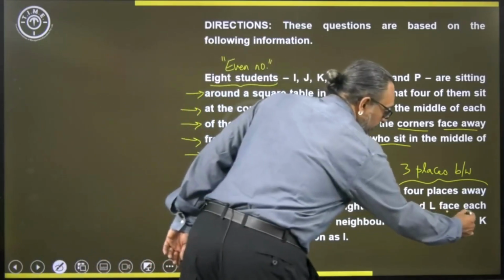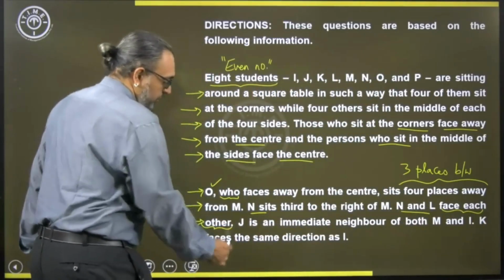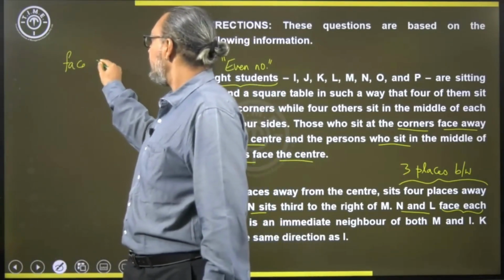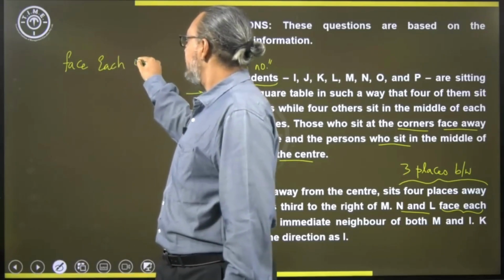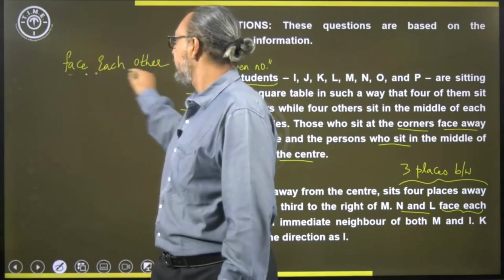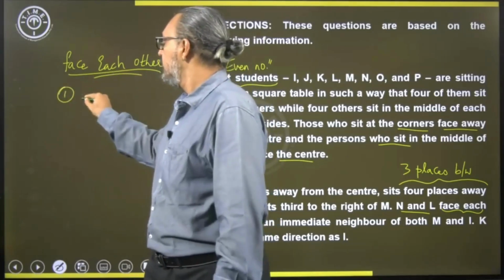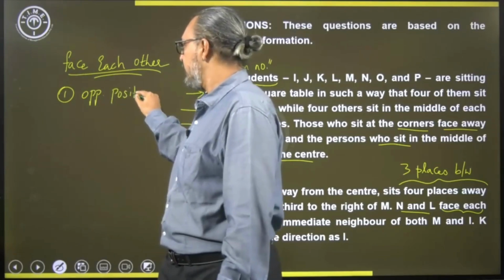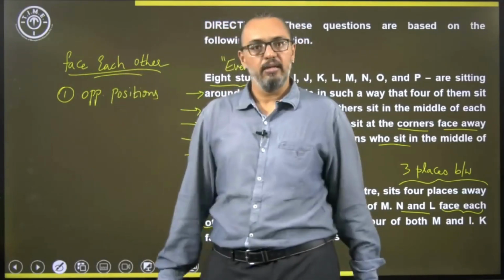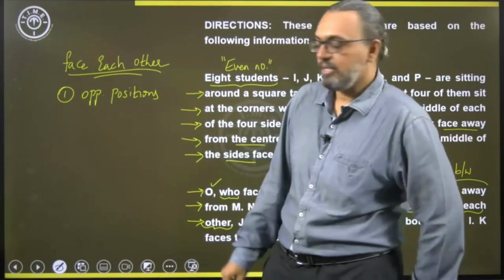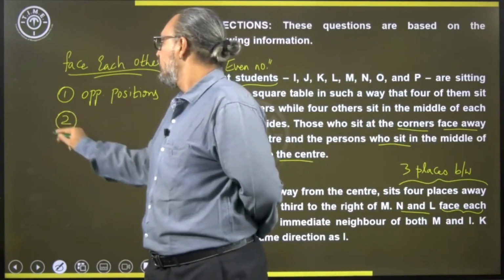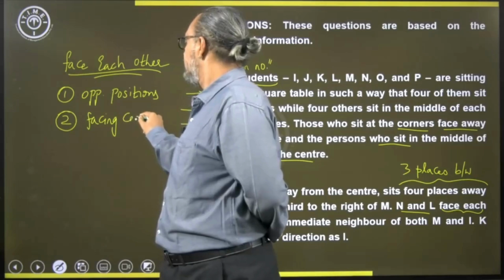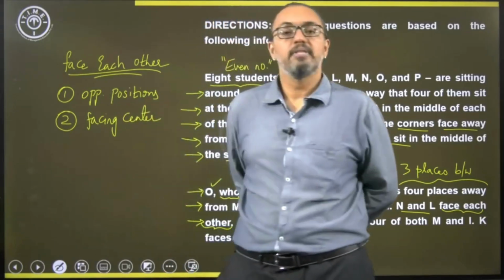See, now this is an important word. Now what is meant by facing each other? When he says face each other, it has to satisfy two things. One, we need opposite positions compulsorily, and two, facing the center is compulsory.